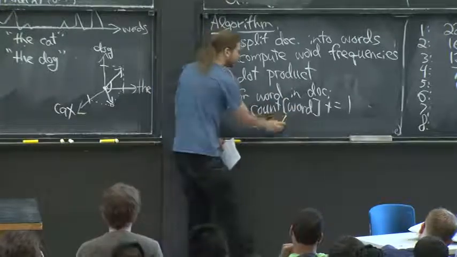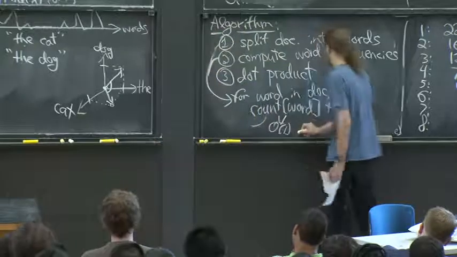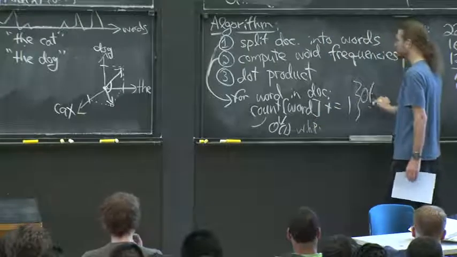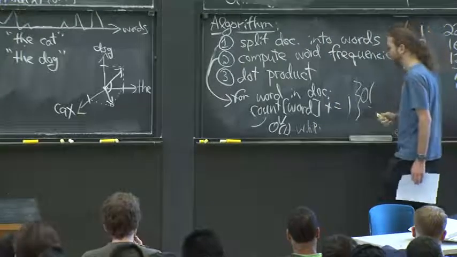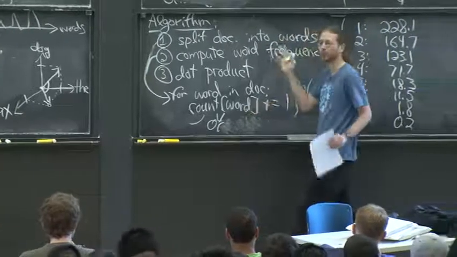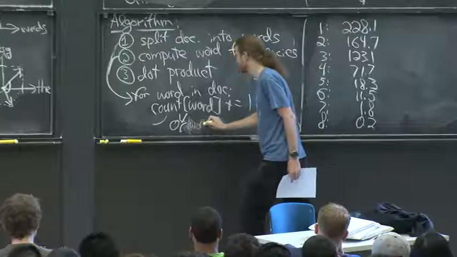And because dictionaries run in constant time with high probability, this will take order, cheating a little bit, because words can be really long. And so to reduce a word down to a machine word could take order the length of the word time.